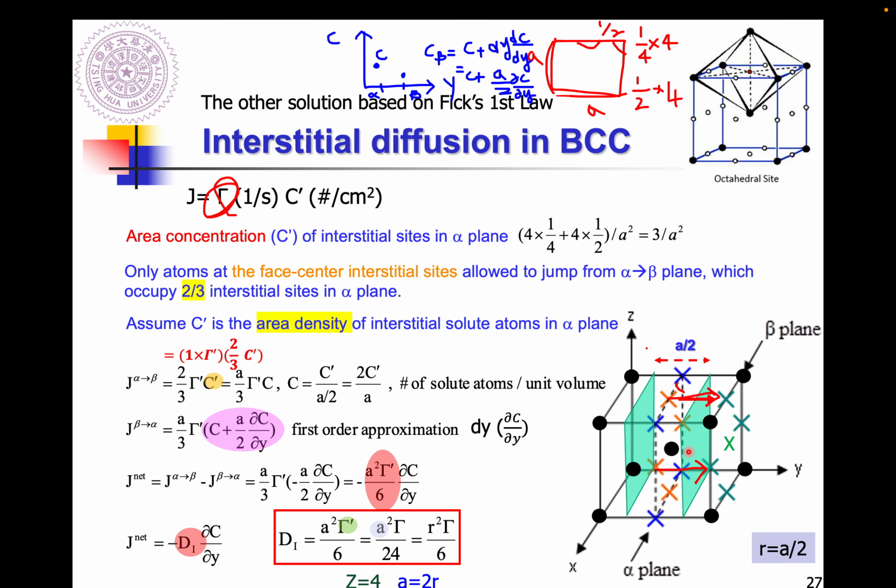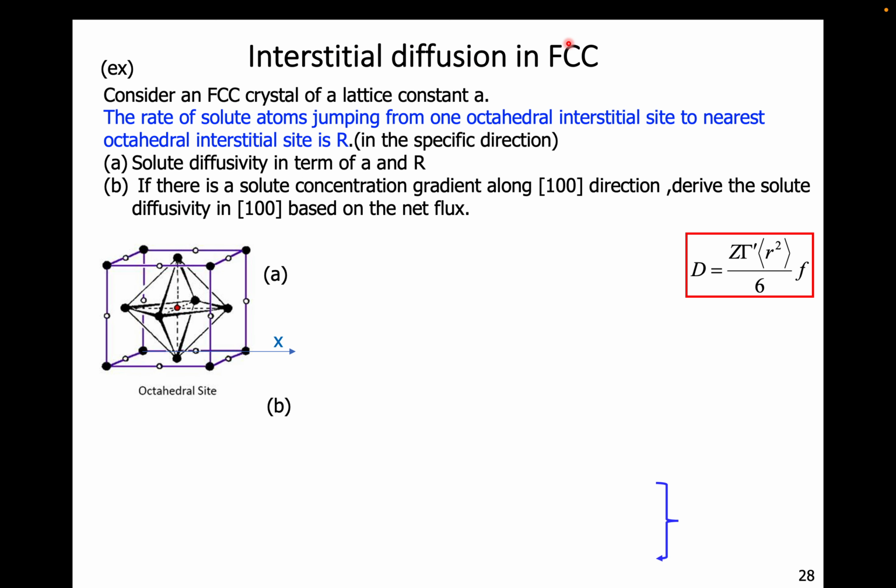This one is BCC, right? So when I switch to FCC, we have 2 different types of interstitial site. We assume the solute atoms always jump through octahedral interstitial sites in the FCC structure. So you need to draw the FCC structure and highlight all octahedral interstitial sites here. Actually, I already show you; you don't need to memorize.